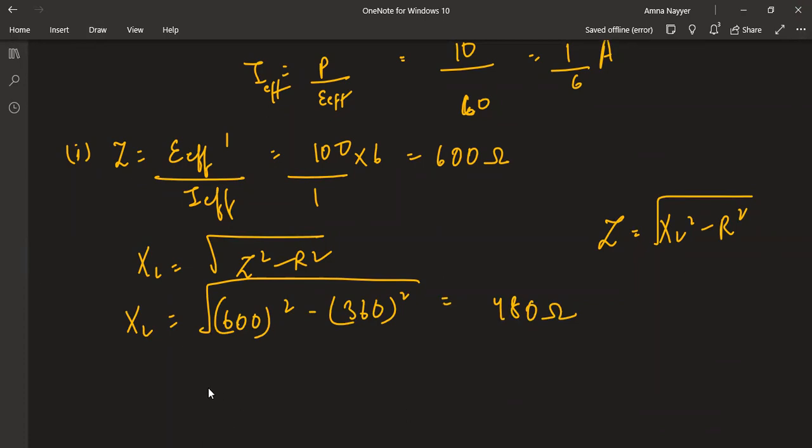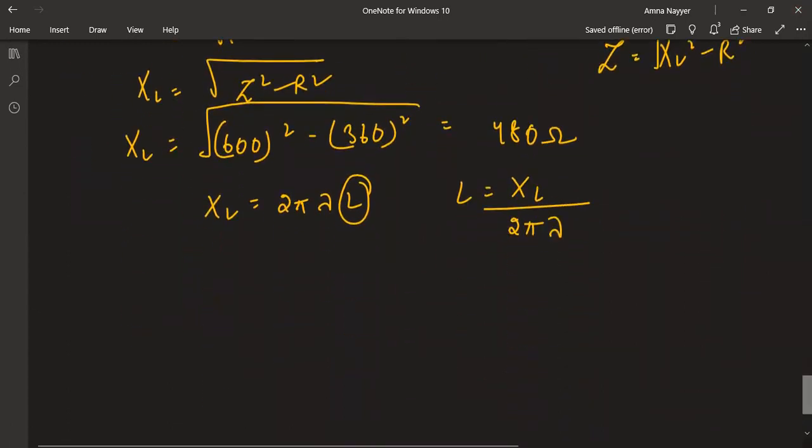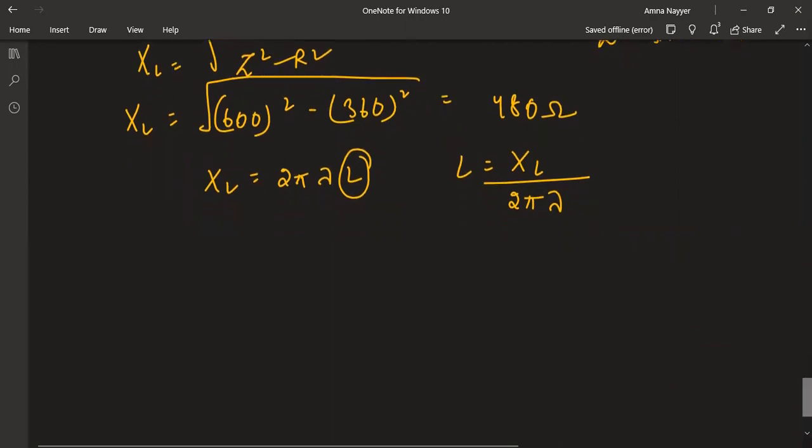Now you have XL, and XL is equal to 2 pi nu L. Everything else is given, so L will be XL by 2 pi nu. This is an important question from your previous years, not from very recent papers, but it has appeared in your exam.